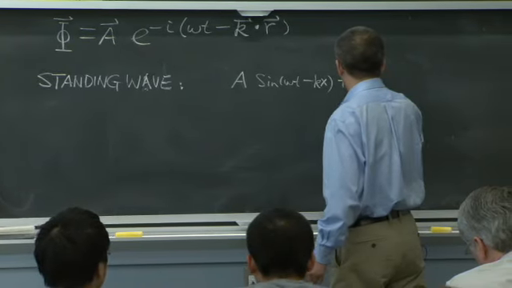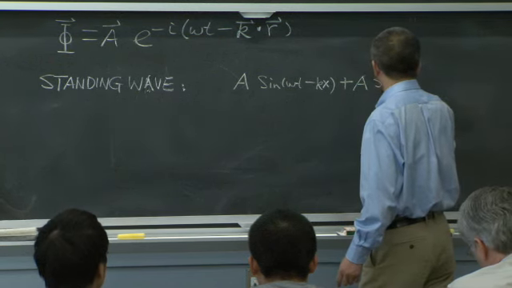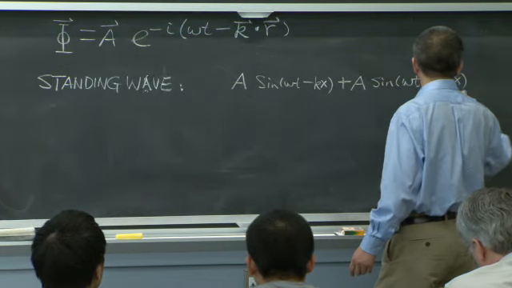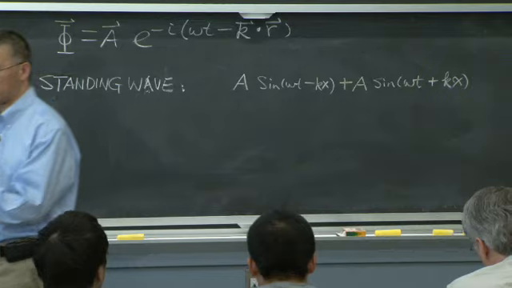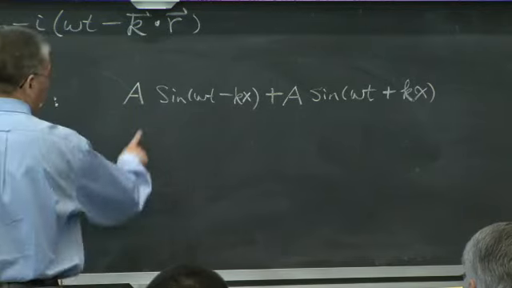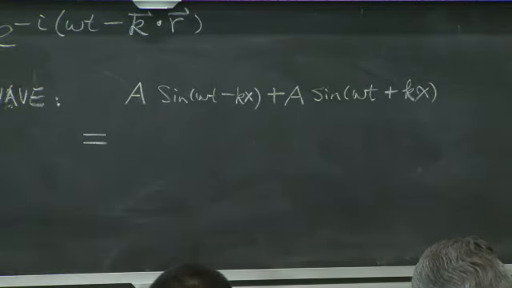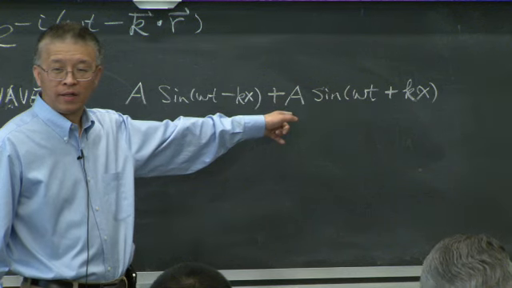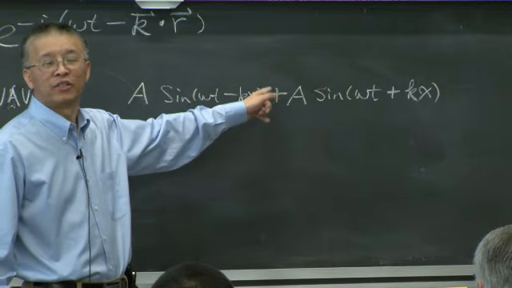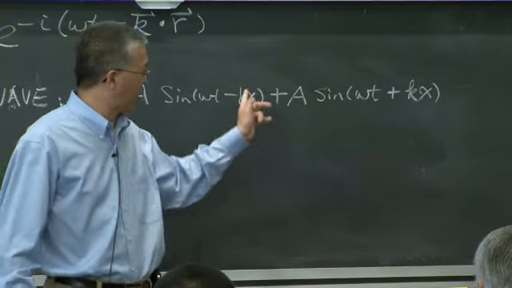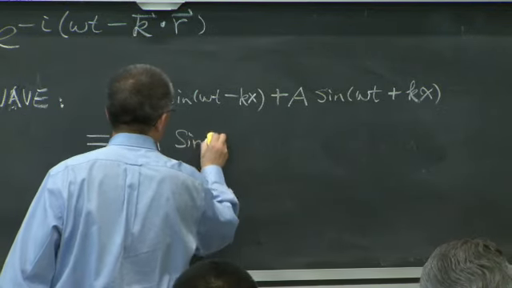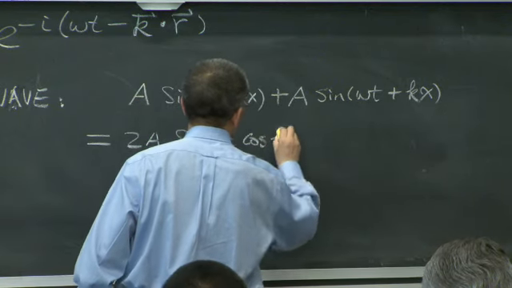I have an opposing wave traveling in the negative direction, the same with plus kx. So two traveling waves now, and I superimpose them together. What do I get? Add two sines: sine, cosine, and the negative part cancels. So I will get 2a sine omega t cosine kx.